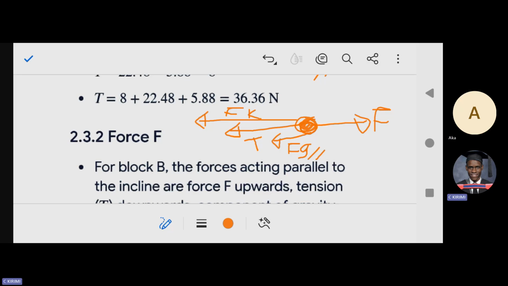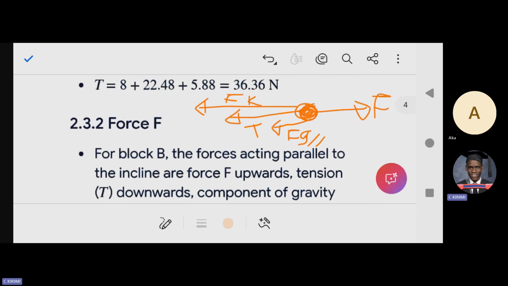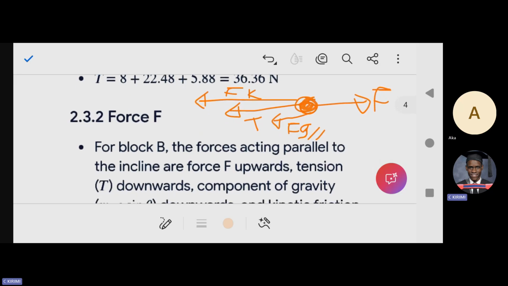So do you want to try it? 4 forces. Yeah, let me try it. We're looking for the force applied. I have drawn the forces. And then for B, you know how to draw the triangle for B. You find only the component of the parallel, not FG.